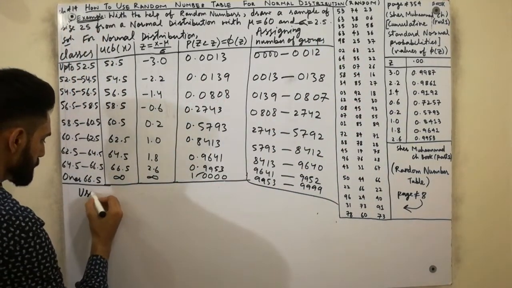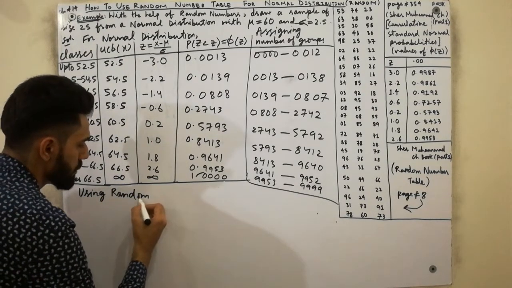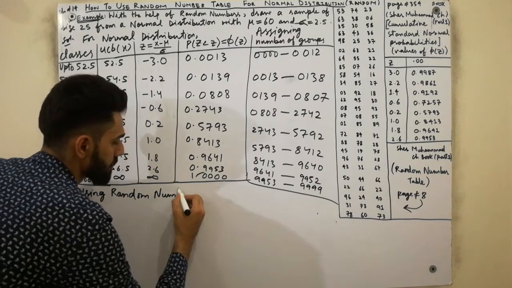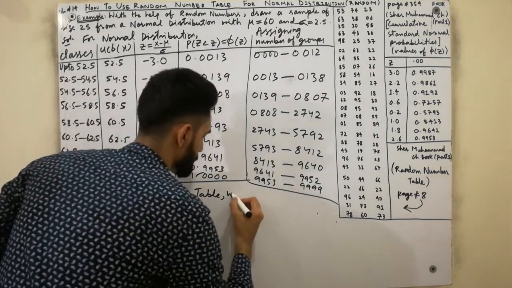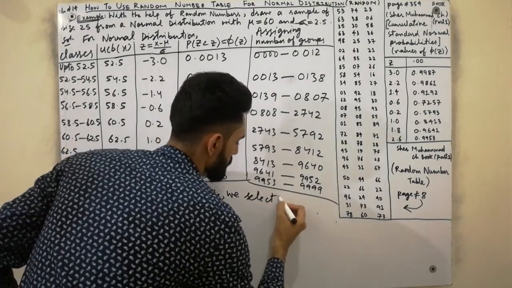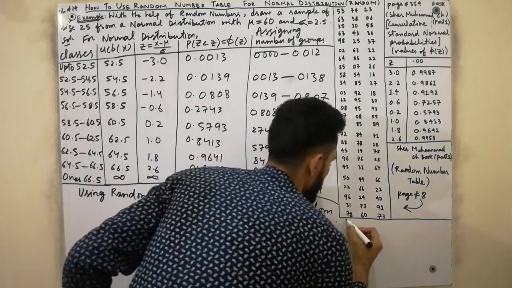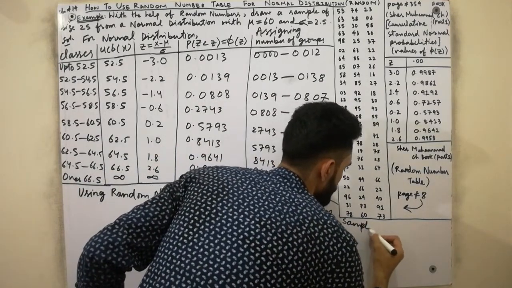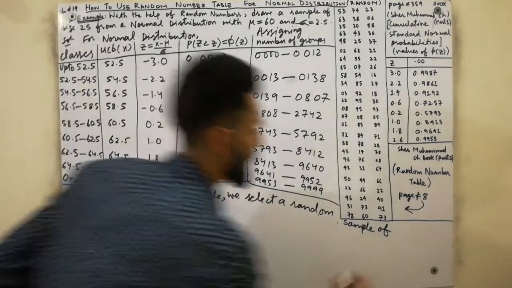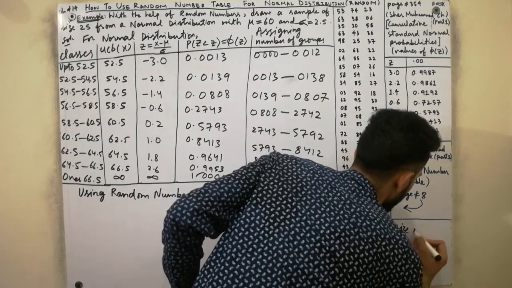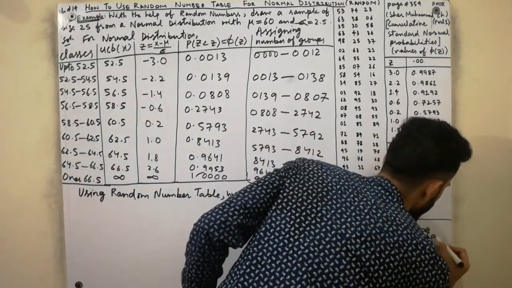Using the random number table, we select a random sample of size 25, and these are 4 digit numbers.